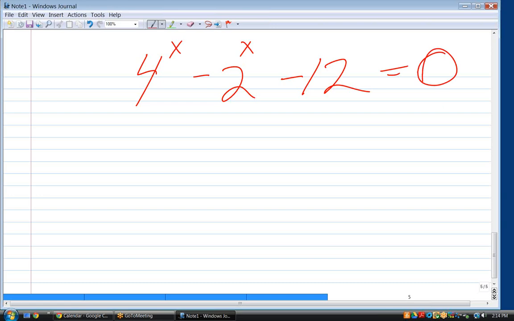Let me think about this for a second. Well, let's move the 12 to the other side, and then let's take the natural log of both sides.